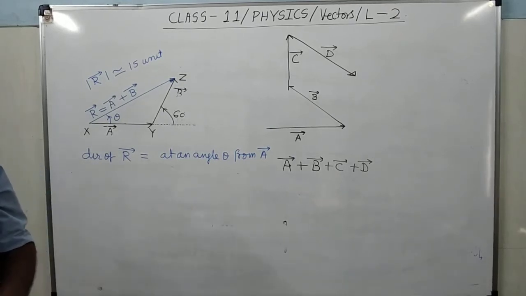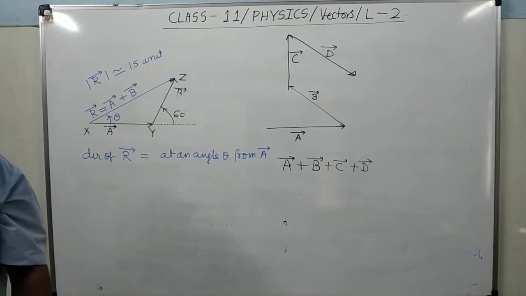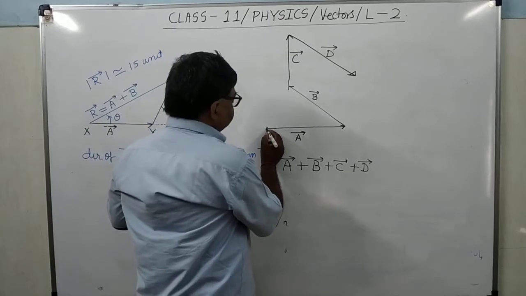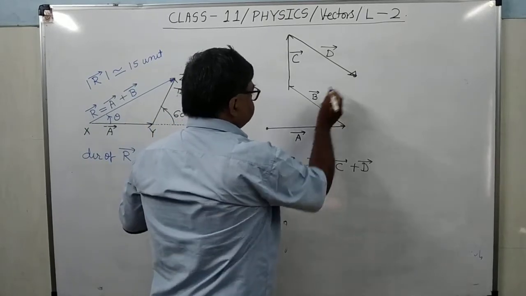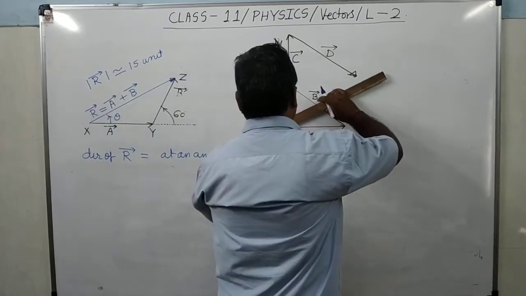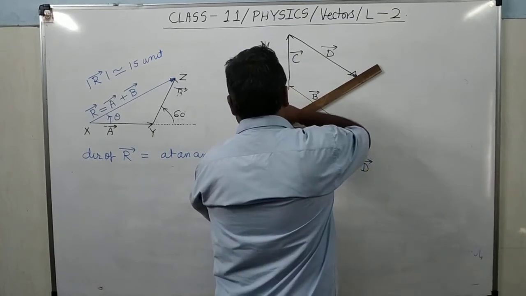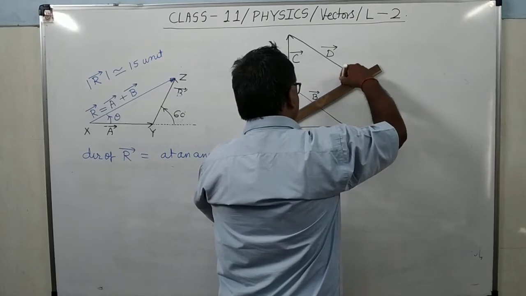It can be obtained by joining the tail of the first to the head of the last. What is the tail of the first? This point. What is the head of the last? This point. What will be the resultant? The resultant will be this. This will be the resultant of these four vectors.